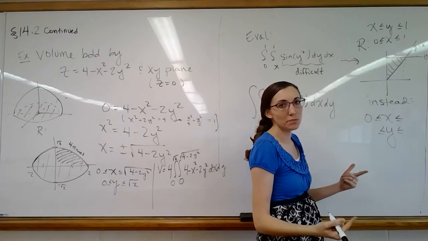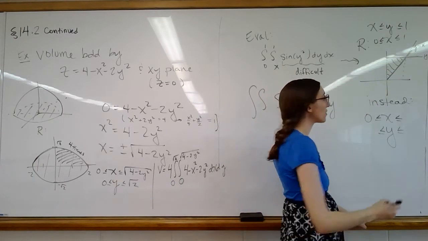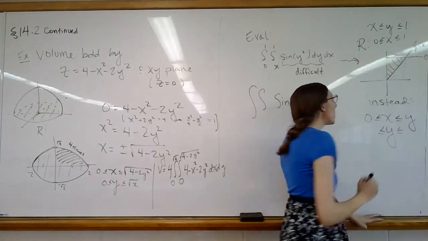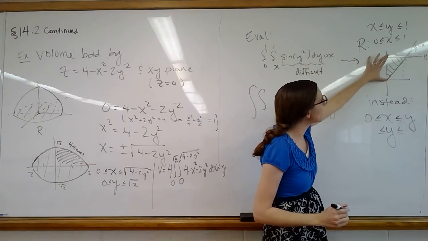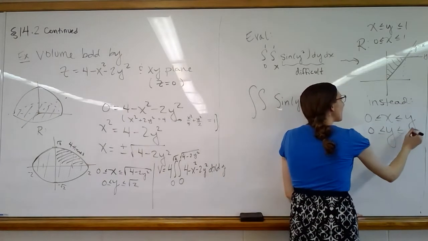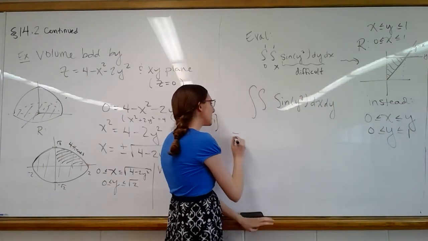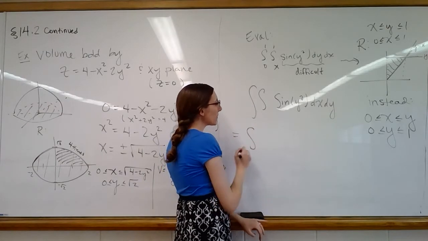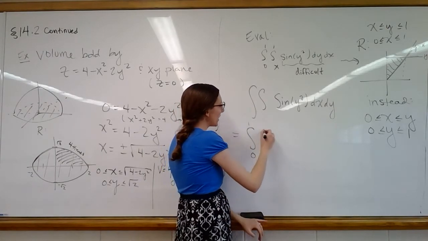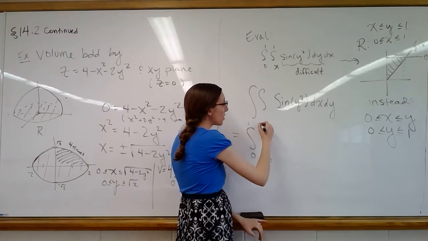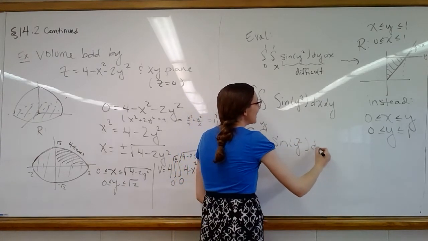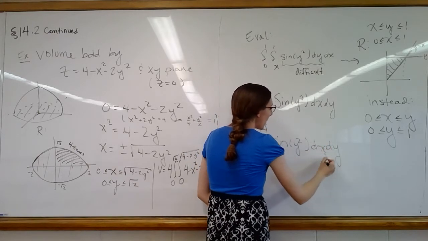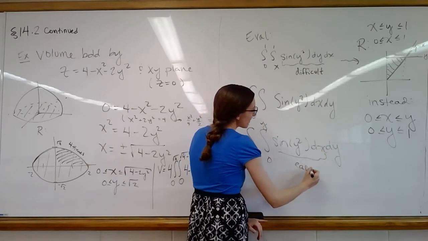Notice I need it in terms of y, so we're going to say that x goes from 0 over to y, and then y, notice, goes from 0 to 1. So we can rewrite this as the integral from 0 to 1 of the integral from 0 to y of sine of y squared dx dy. And now this is easier.